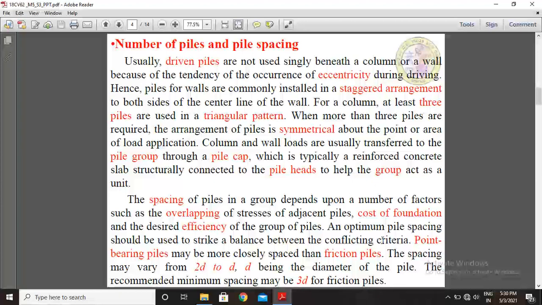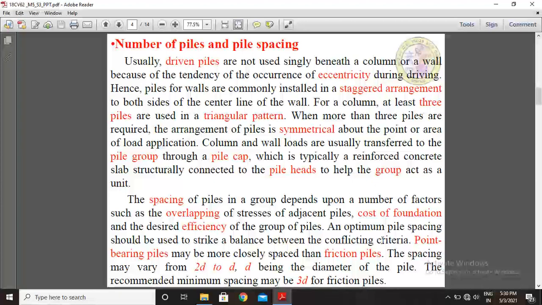Now I want to explain about spacing of piles. The spacing of piles in a group depends upon a number of factors such as the overlapping of stresses of adjacent piles, that is stress zones, cost of foundation, and the desired efficiency of the group of piles.